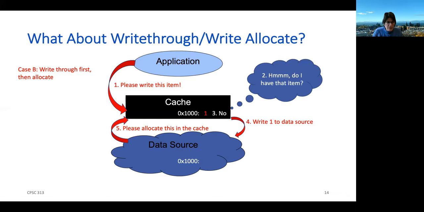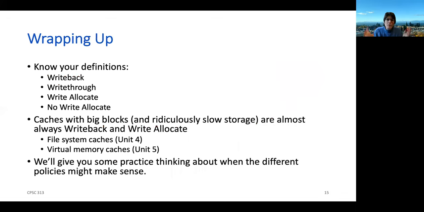So what should you take away from all this? Well, number one, make sure you understand what these words mean, so if somebody says write back, you know what it means. Secondly, some intuition about which policies are used. If your cache blocks are really big and your storage is really slow, and this is what happens when you're talking about disks or even flash, you will almost always have write back with write allocate.